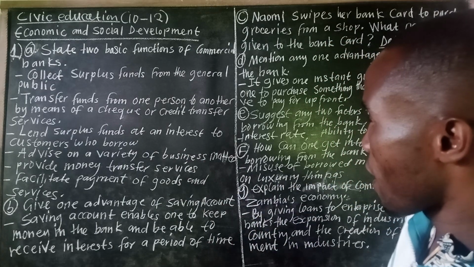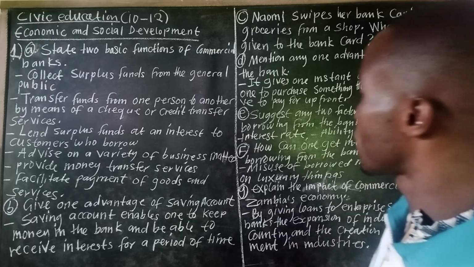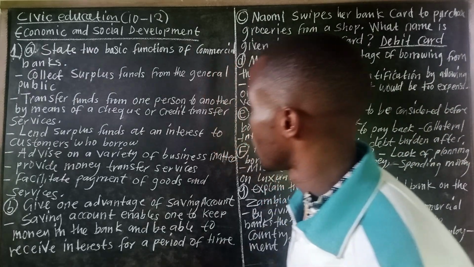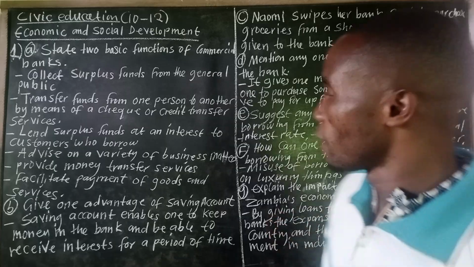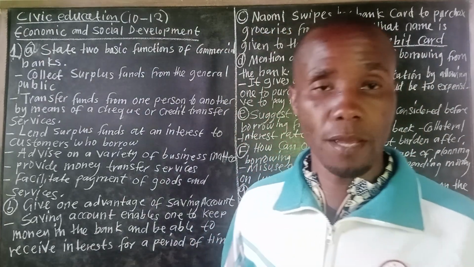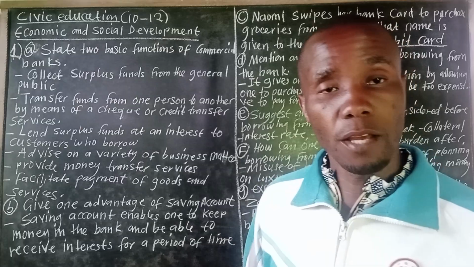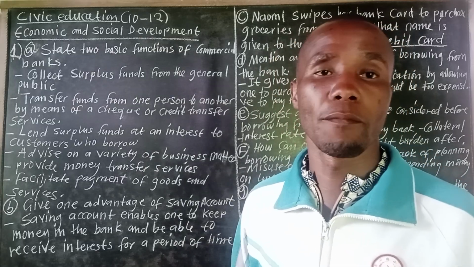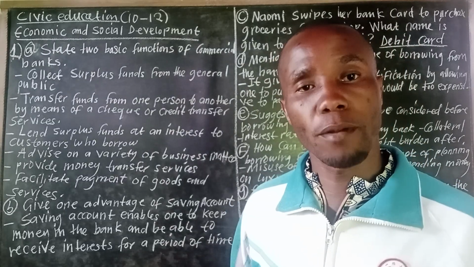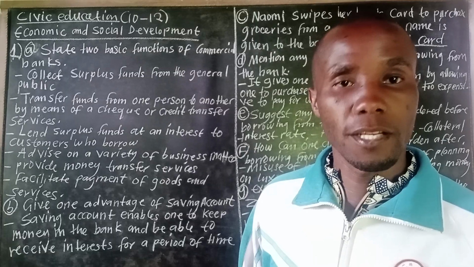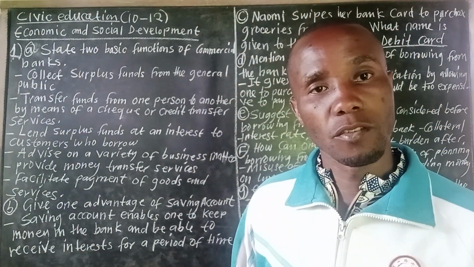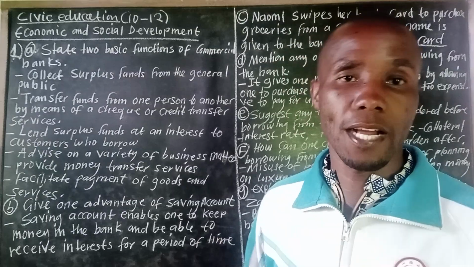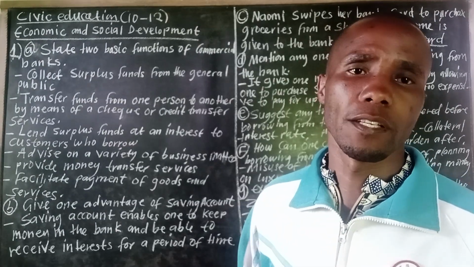Then the other function is they facilitate payment of goods and services. How do they facilitate payment? For example, if you are in a shopping mall, like maybe ShopRite, there are services where you can just pay using your card. So the bank has actually facilitated your payment through that.